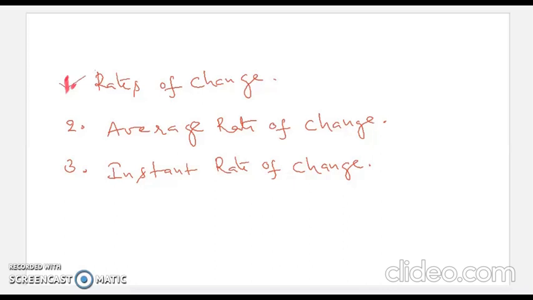What is the rates of change? And some examples. What is average rate of change? And what is instantaneous rate of change? Let's get started.